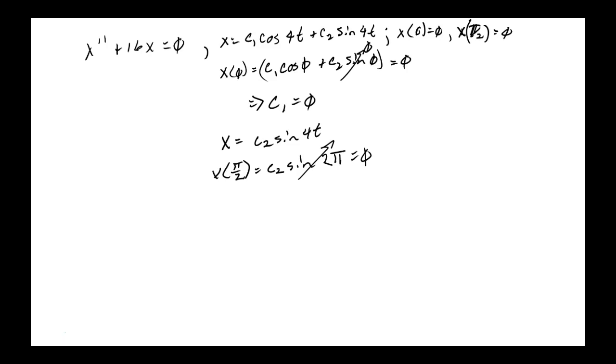I think I see what you're saying. If you restrict the interval of t, all these C values are still going to give you curves that go through that point right there. Okay? So limiting your interval of t isn't going to help either, because all these things will still go through those 2 points.